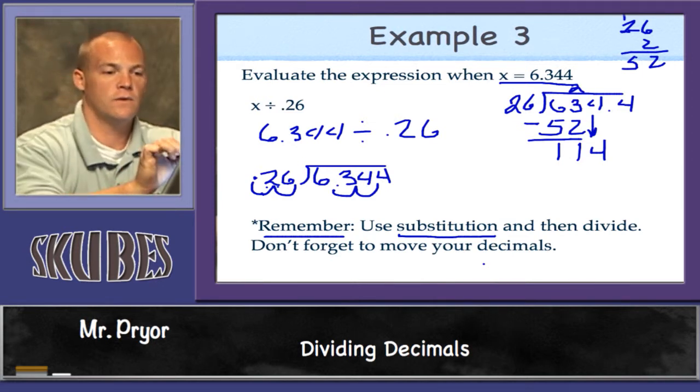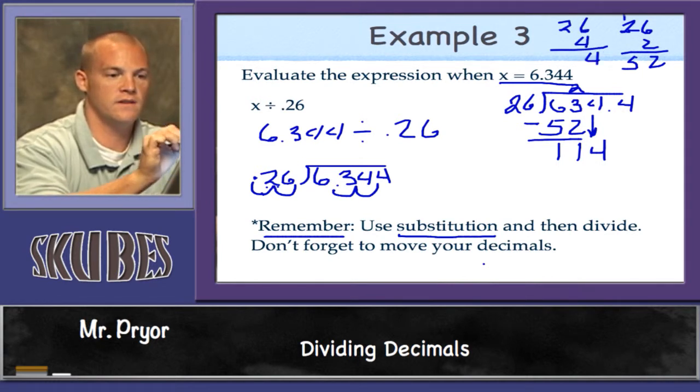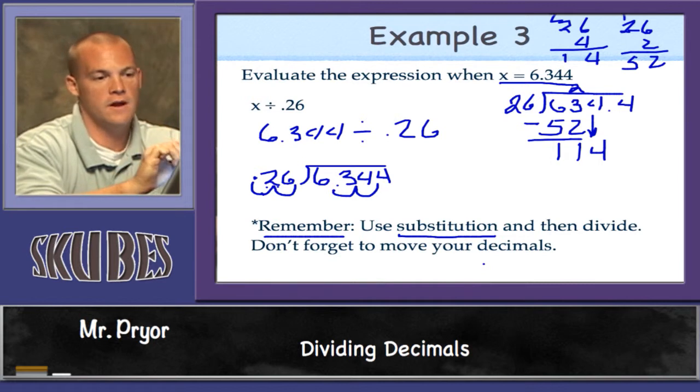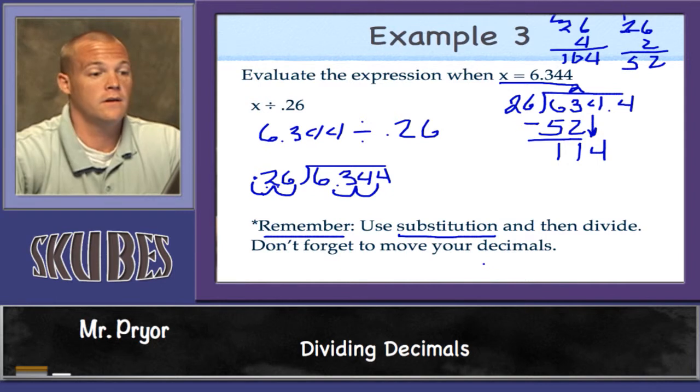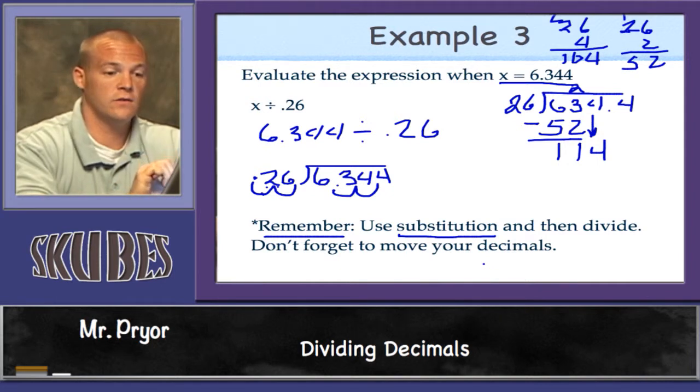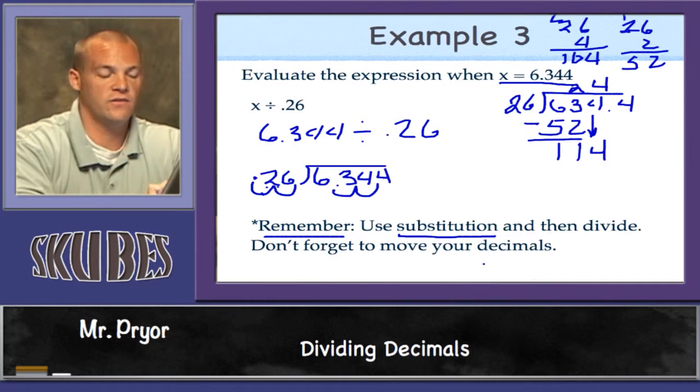All right, 26 times 4 is going to give you 104. All right, that's going to be the one we're going to deal with then. So 26 goes into 114 4 times. And as we just found out, that gives us 104.